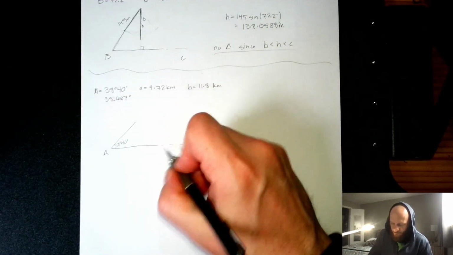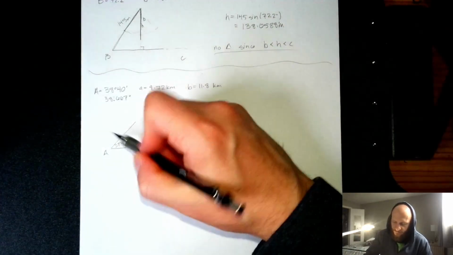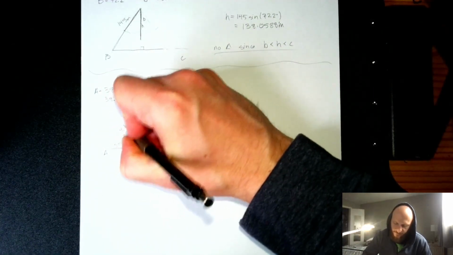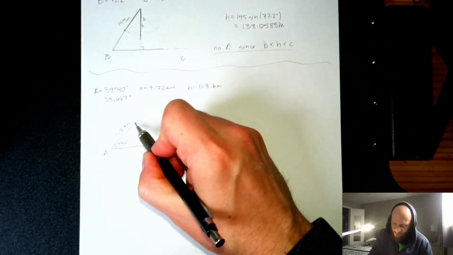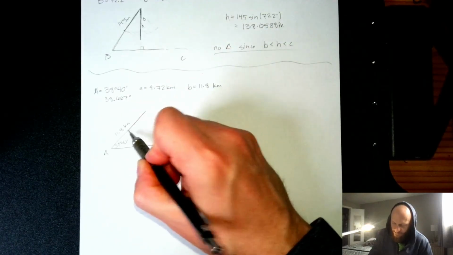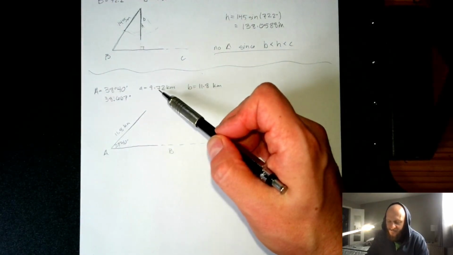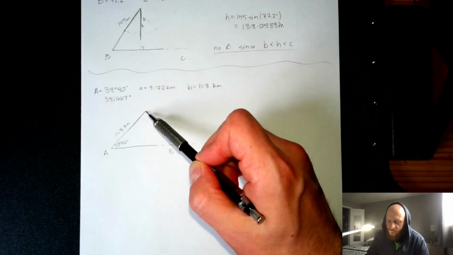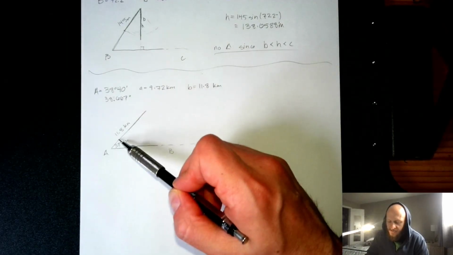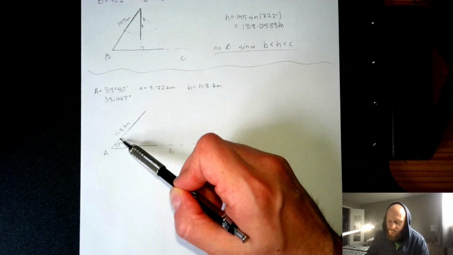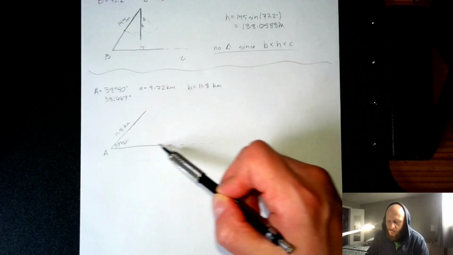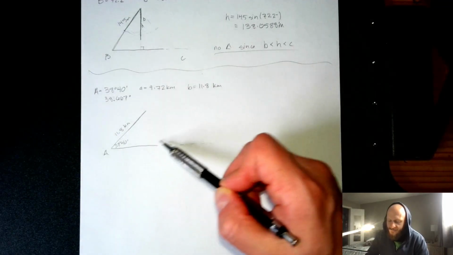Okay, so put angle B down here so that this can be side B, 11.8 kilometers. Make it just a little bit longer, like that. All right, and then side A is 9.72 kilometers. So it would be like here. Is this a case where we might make exactly one?